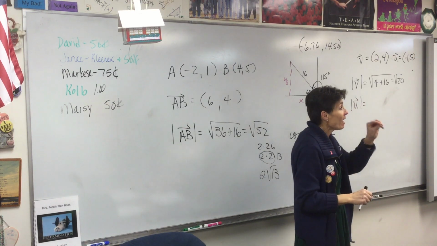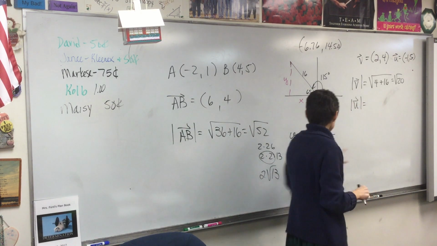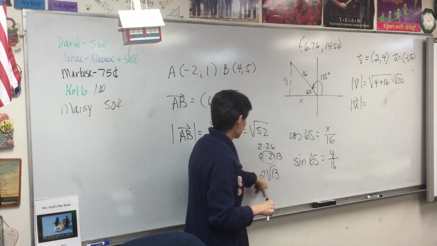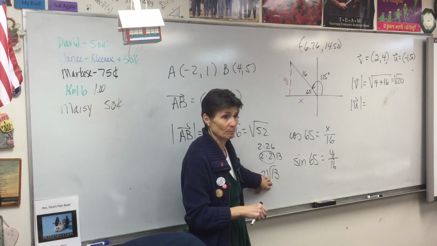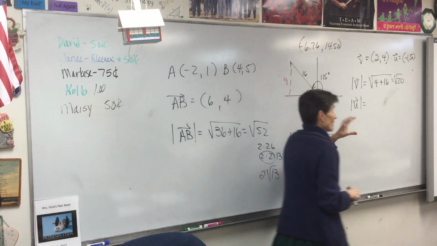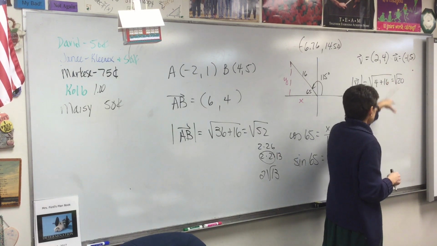Because that is not going in an answer blank, it's not like these other problems where it was an actual answer. When it's an actual answer, I want you to simplify it. If you simplify here, it's okay. It just makes your work harder down the road. So just leave it root 20.